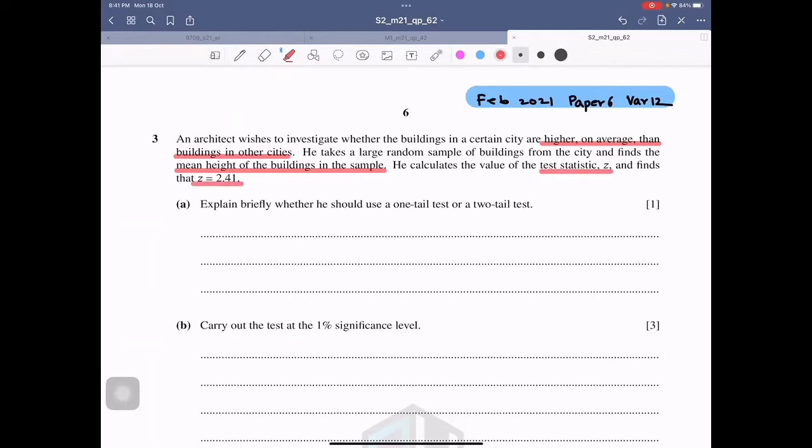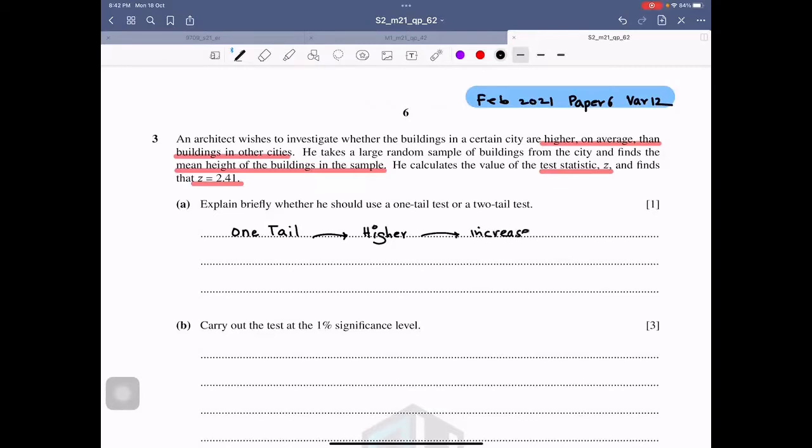The first part of the question is asking: explain briefly whether he should use a one-tail test or a two-tail test, and they are asking for an explanation. The person doing this hypothesis test should use a one-tail test because it's asking about higher, because it's asking about an increase.